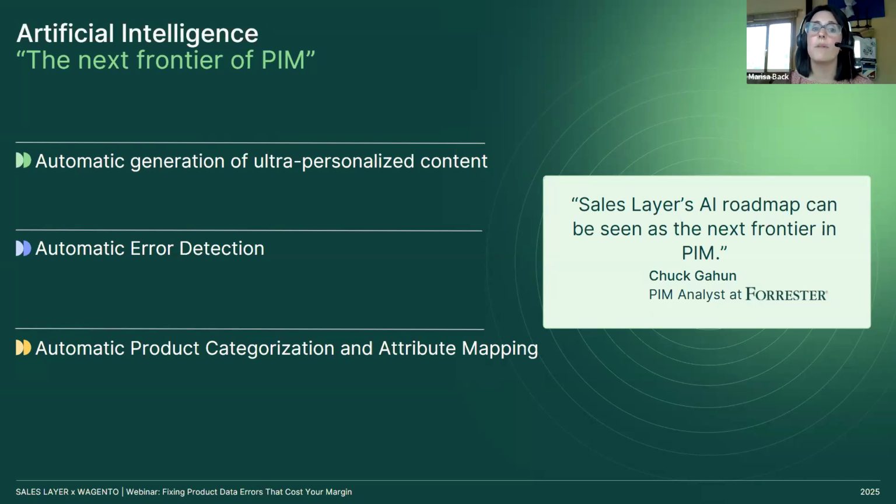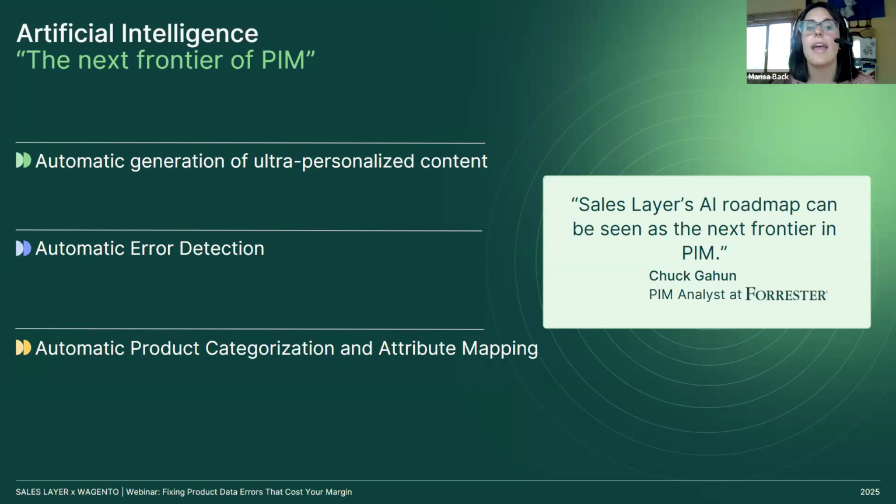We're also going to have automatic error detection. So we already have a quality report that measures the completeness of your fields and your attributes, so you can make sure that all the product information is filled out before a product is exported out of the tool. But we're also going to have errors. So if you added a formula, let's say, to a certain group of products that was supposed to calculate 10% off of the actual price, the AI can also detect if there was an error with the calculation, right?